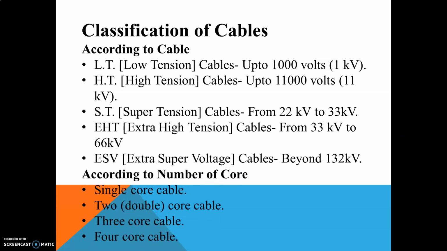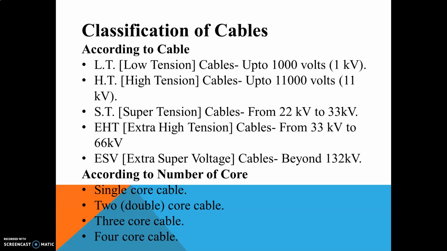The cables are classified into two categories: first, according to the voltage level, and second, according to the number of cores. First one is according to voltage level. The low tension cable, their voltage range is up to 1000 volt or 1 kV.